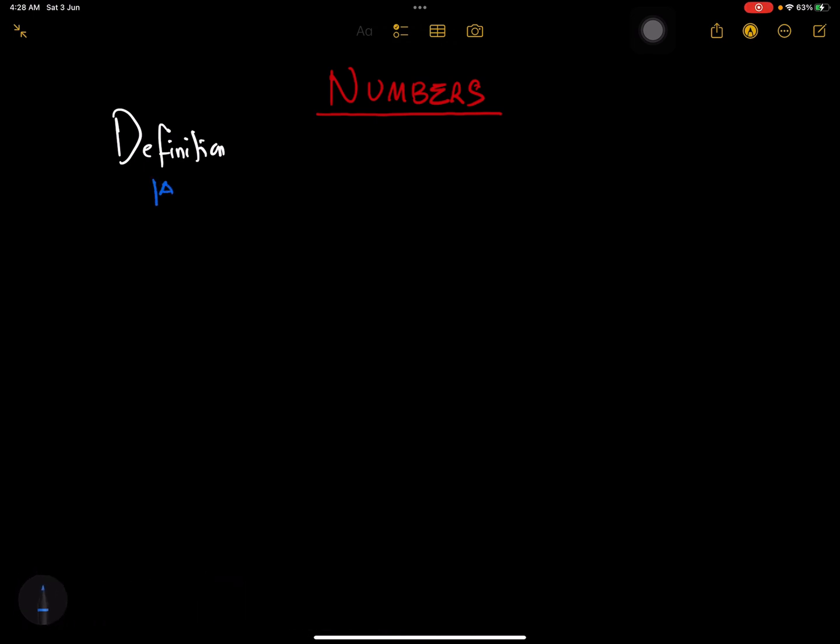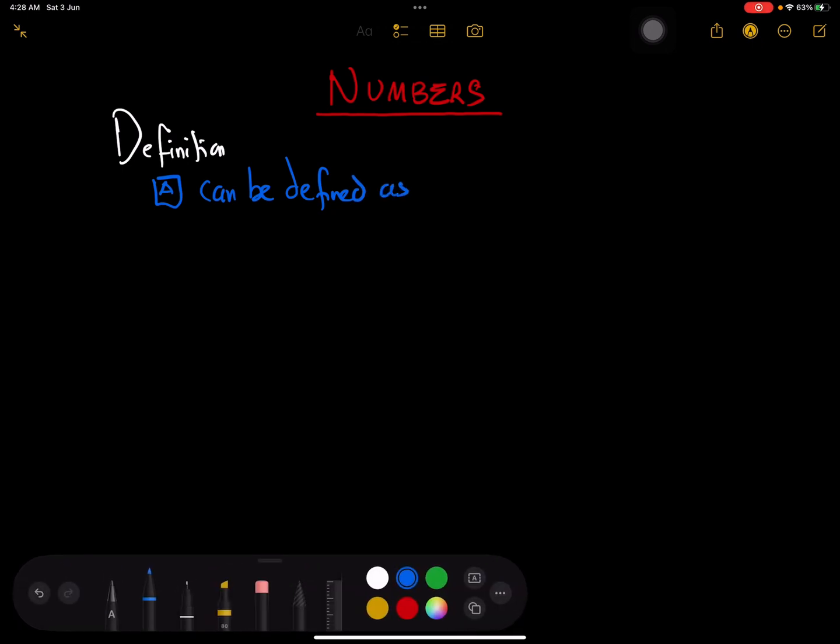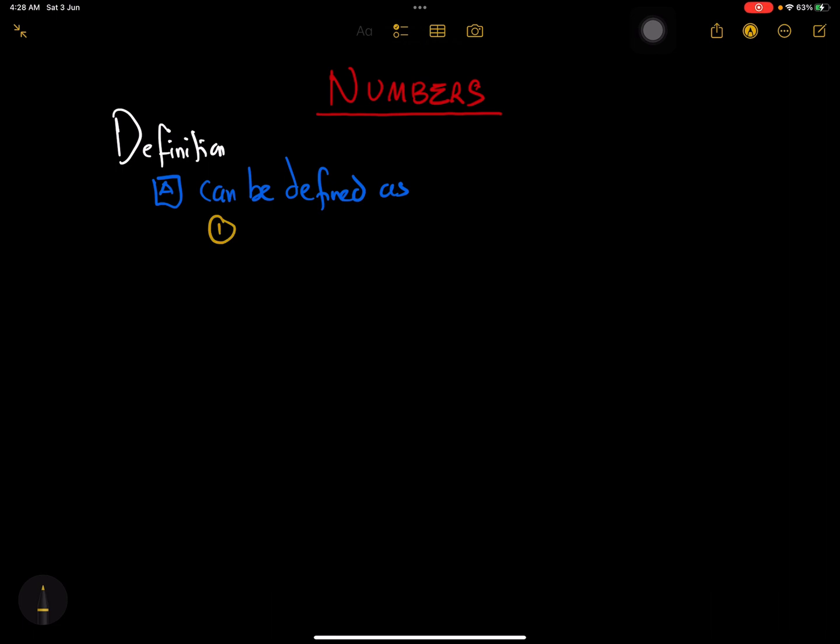In terms of definition, our first definition will be that numbers can be defined as, one, figures.